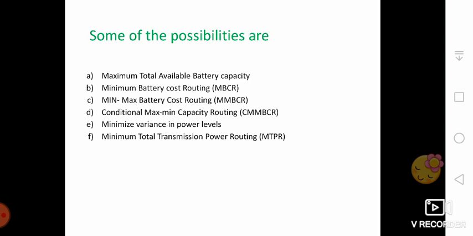Then the third one is min-max battery cost routing. This scheme follows a similar intention to protect nodes with low battery resources. Instead of using the sum of reciprocal battery levels, simply the largest reciprocal level of all nodes along a path is used as the cost for this path.